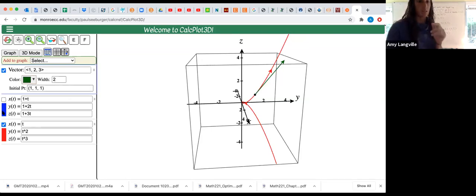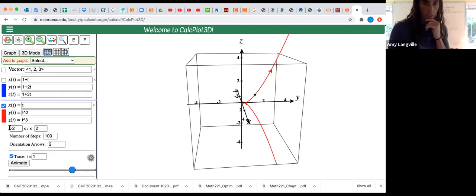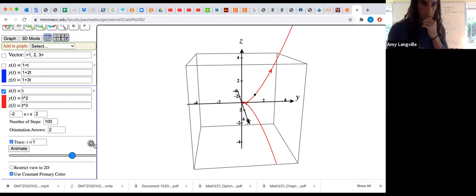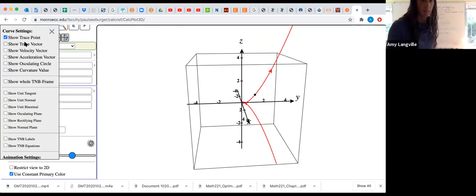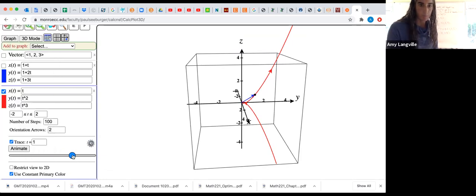Oh, right, so back to I was going to show you animating some things on this, the original space curve. So this little gear shows you your different settings and some things you can add. So the trace vector, we talked about that last video, but let's just show that quickly.